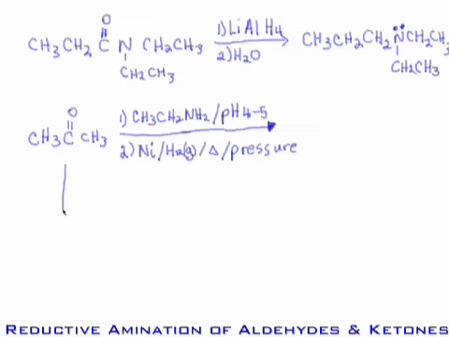And essentially you go through the imine first. So step 1 will produce a double bond N, and off of that N will be a CH2, CH3.